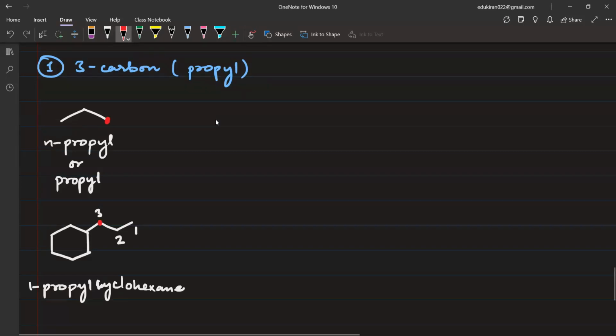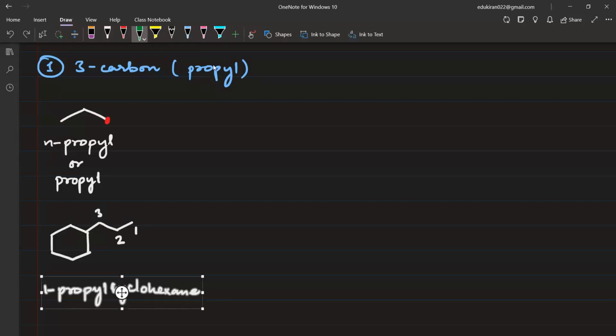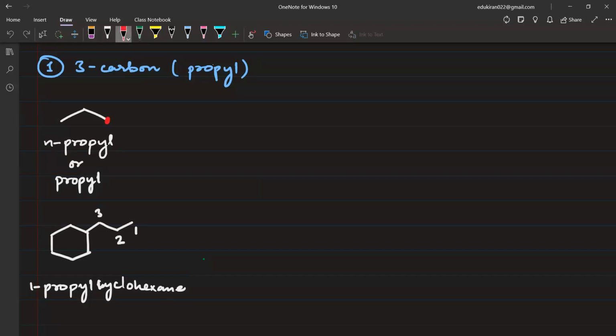If I essentially look at a propyl, we have 2 types of carbon. One is these red carbon atoms, they have similar properties. And then you have the middle one, the green carbon atom, which is a different CH2. So point of attachment to N-propyl. And another case can be this carbon atom. If the parent carbon chain is attached to this particular carbon atom, then we call it isopropyl.